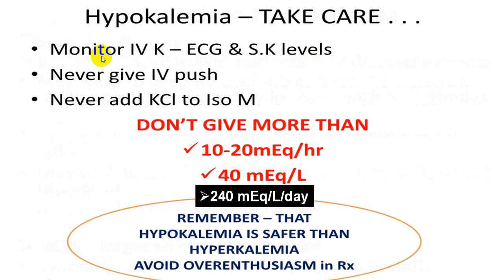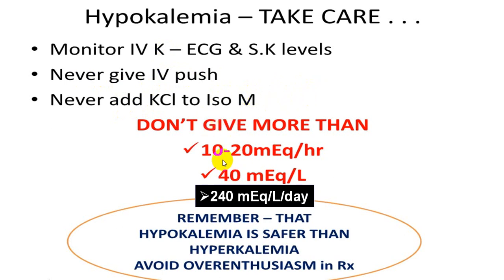And this is very important for monitoring. When you are giving IV potassium, ECG and serum potassium level should be monitored. One thing is 100% sure: never give an IV bolus of potassium chloride. Never add potassium chloride to Isolyte M, because it already contains a good amount of potassium.